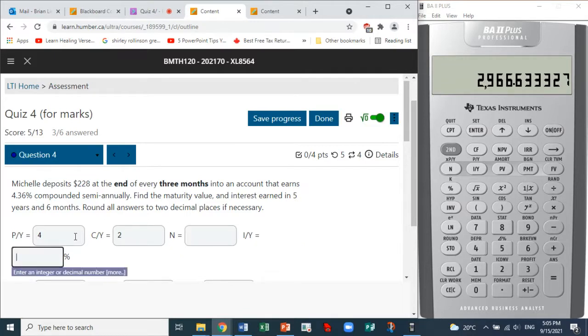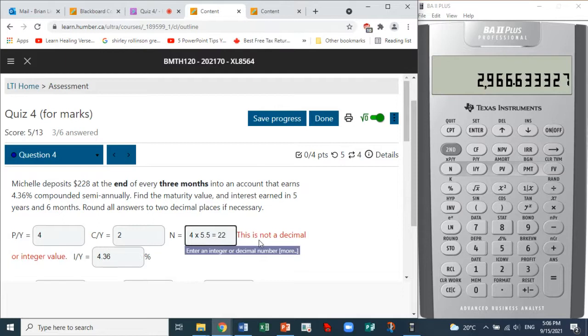Let's wait and see. 4.36, or we could use the PY value. It would be something like 4 times 5.5. That would work out, I think, to be 22, but we'll check that with the calculator when we actually enter the values.